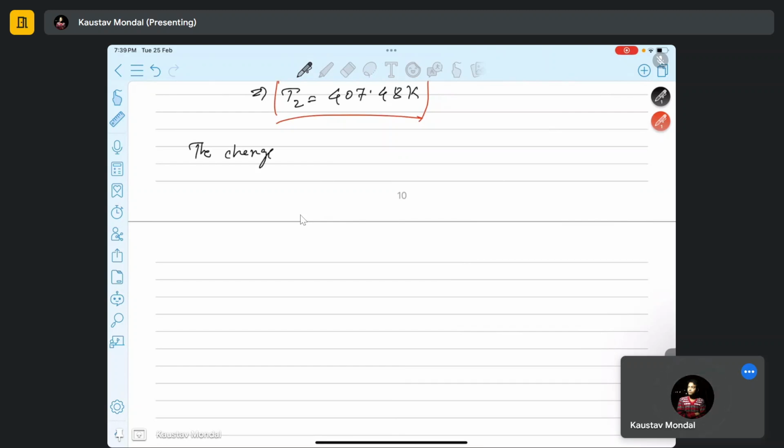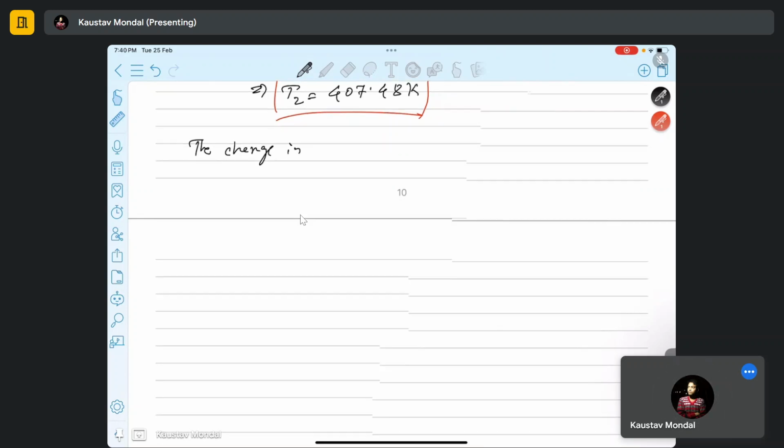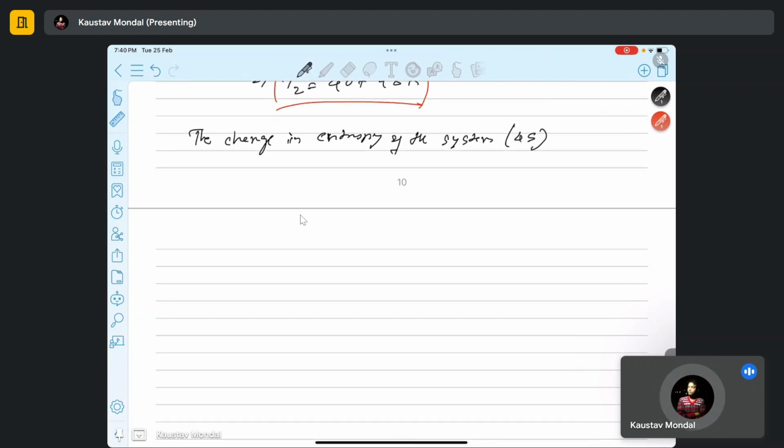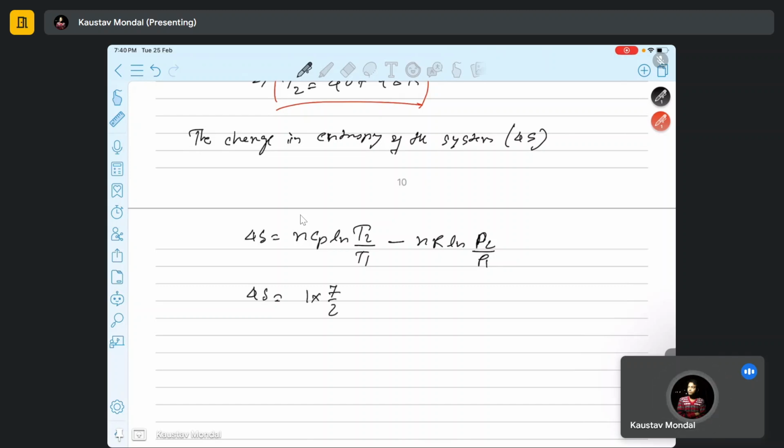The change in entropy of the system is delta S, and the expression is delta S equal to nCp ln T2 by T1 plus nR ln P1 by P2.